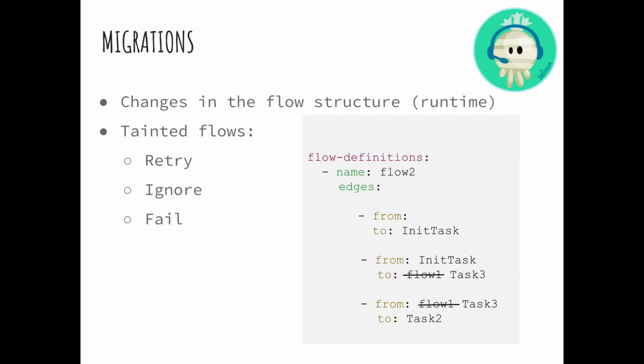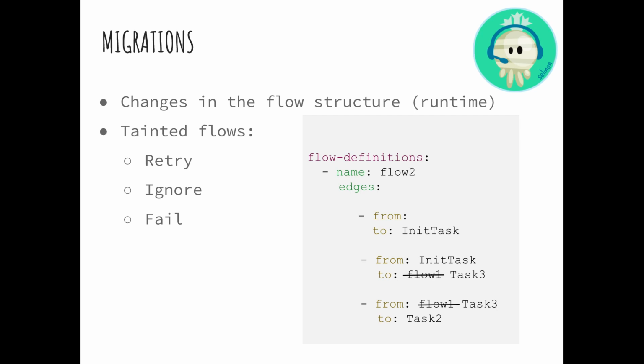So Selinon offers you this migration feature, and this migration is basically a generated file that states how Selinon should migrate old flows. If you have an old system running and this old system already started flows, in this case flow 2, and it already started flow 1, and then suddenly you do a redeployment, how should Selinon work?